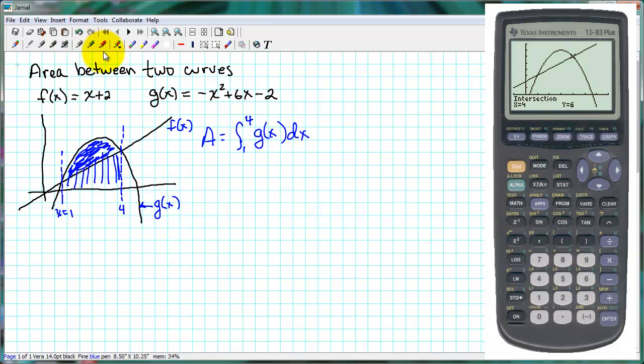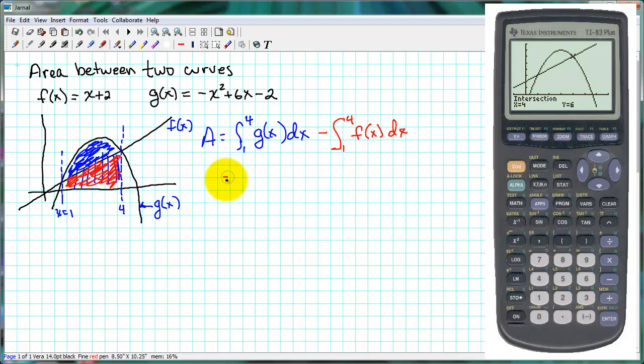And then we could subtract from it the area under our lower curve. So if we subtract that out, we're going to have the area we're looking for. And our lower curve is f of x. Now we have an integral property that could allow us, if we want to combine that into a single integral, or we could just integrate each of these separately and subtract the numbers.